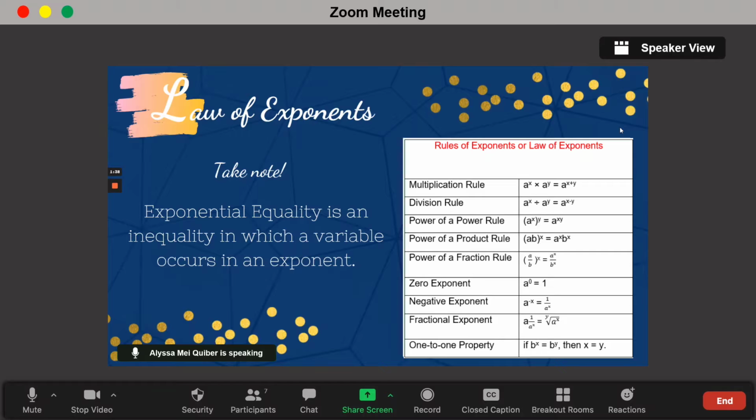On the other hand, the negative exponent rule states that any non-zero number raised to a negative power equals its reciprocal raised to the opposite positive power. The fractional exponent rule states that when you have a fractional exponent, the numerator is the power and the denominator is the root. And lastly, the one-to-one property states that if x and y are real numbers and if b to the x equals b to the y, then x equals y.